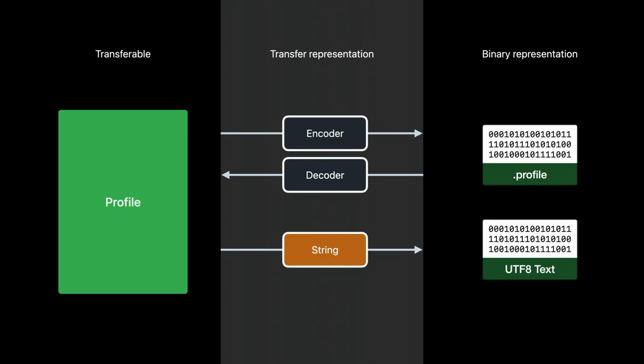Now, profile supports both encoder-decoder conversions and a conversion to text. The proxy representation in this case describes only exporting to text, but not reconstructing the profile from it. Any representation can describe both conversions or just one.